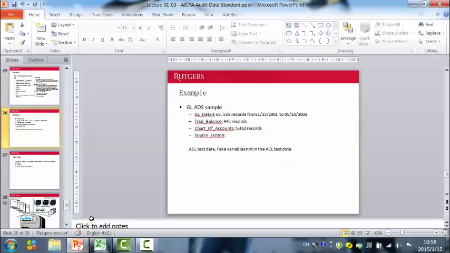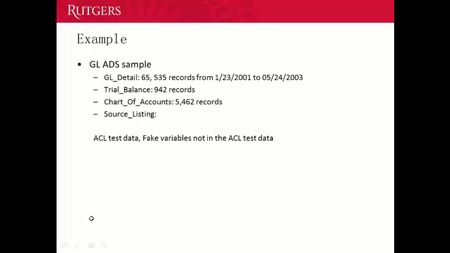Okay, so in this ADS sample we got 65,535 records from this time period for the GL detail table, and we have all of these records. And as I just mentioned, the fixed variables are not in the ACL text data.